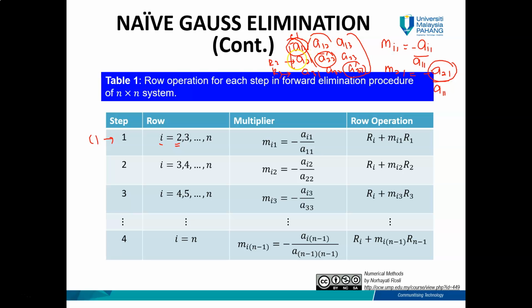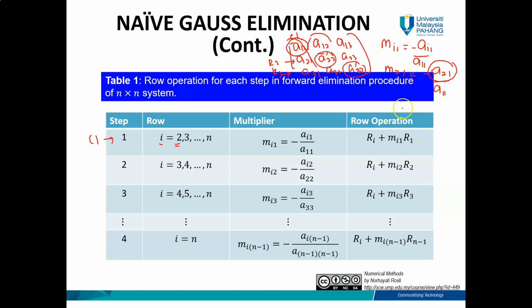Then class, based on this, we need to find the row operation formula. The row operation formula for step number 1, which refers to column number 1, is Ri plus Mi1 R1.